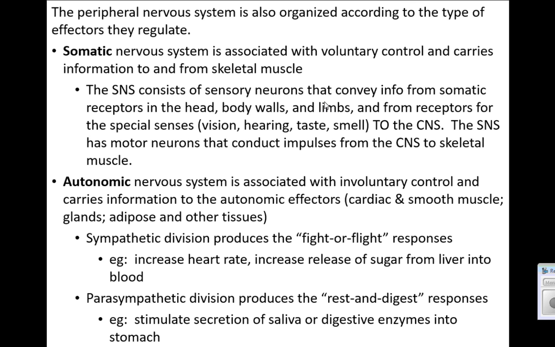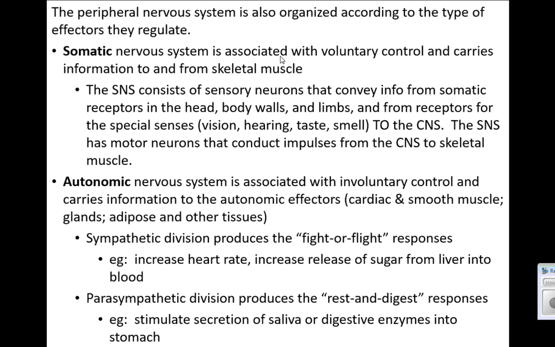The key with somatic is that this is associated with voluntary control, and we're carrying signals to and from skeletal muscle. If you have to underline voluntary and skeletal muscle, highlight it, star it, whatever you need to do, that's very important to know for somatic.